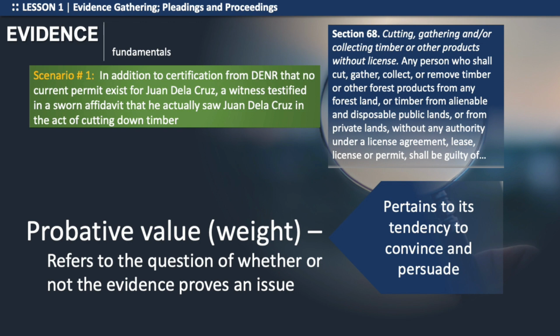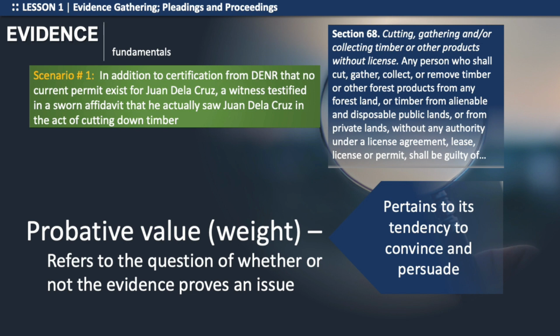In addition to that certification, a witness through a sworn affidavit indicates that he actually saw Juan de la Cruz in the act of cutting down timber.